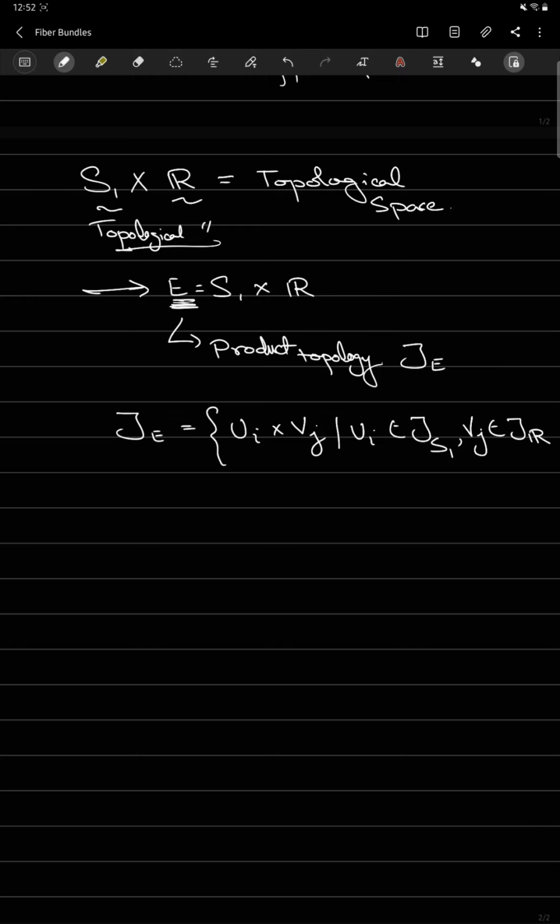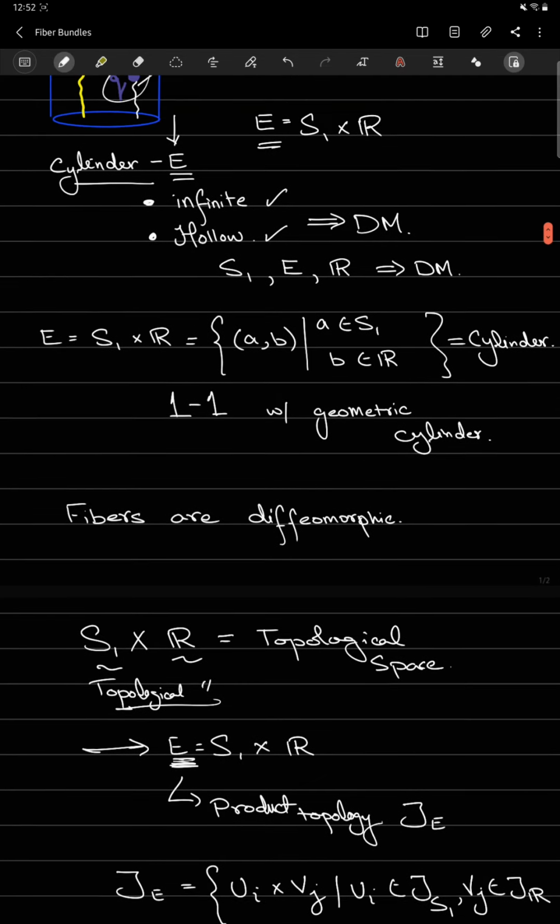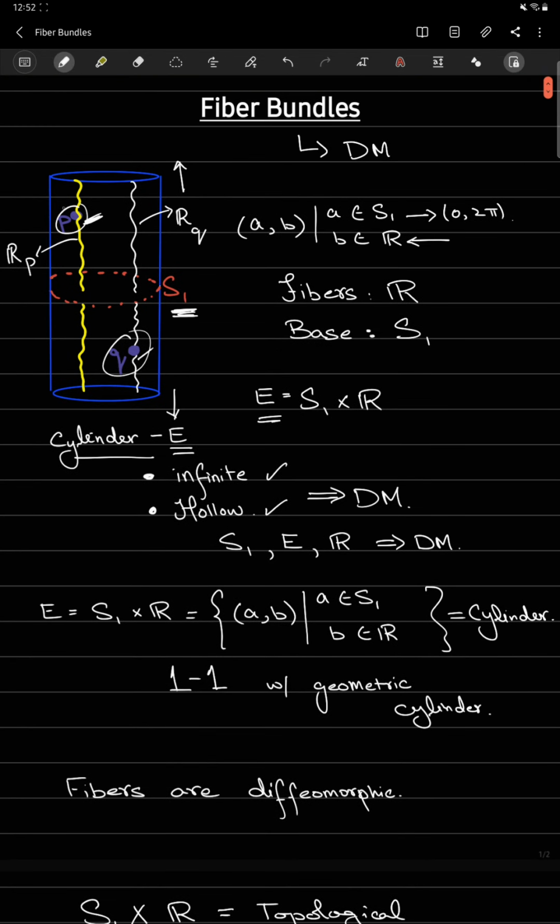Now, note that given a point P on this cylinder, instead of calling it a cylinder, we can also call it the complete space E, right? So given a point P in this complete space E, it can always be assigned to a point in the base space.